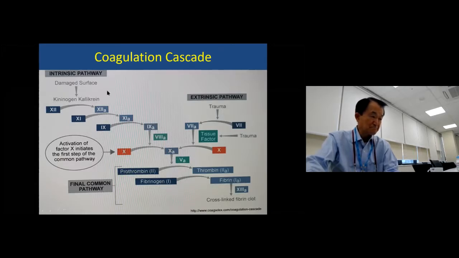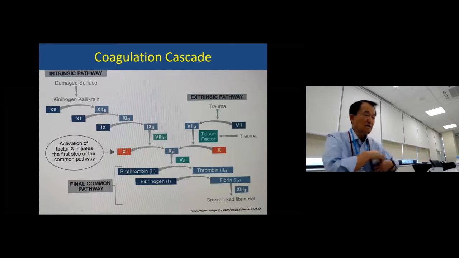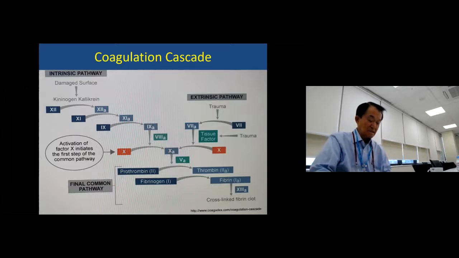So clinically, we measure PT, that's called prothrombin time. Prothrombin time is basically related to the extrinsic factors involved in this process.